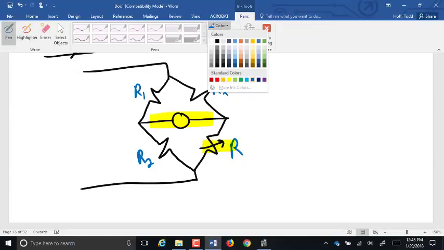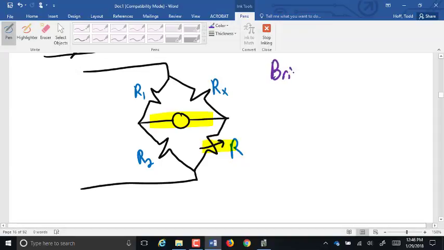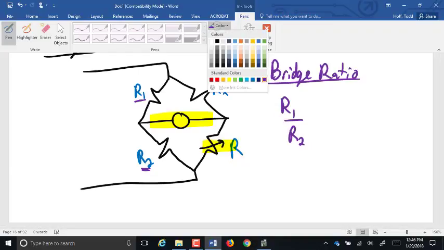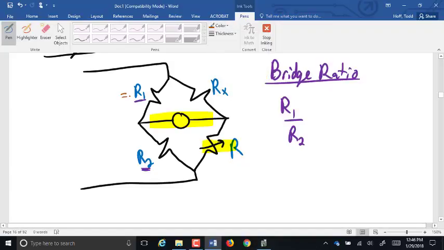So the bridge ratio comes from the two resistors on the side that does not have the variable resistor. So that's just R1 over R2 is the bridge ratio. So let's put in some resistances. Let's say this is a 1.2 kilo ohm, and this down here is a 3.2 kilo ohm resistor.